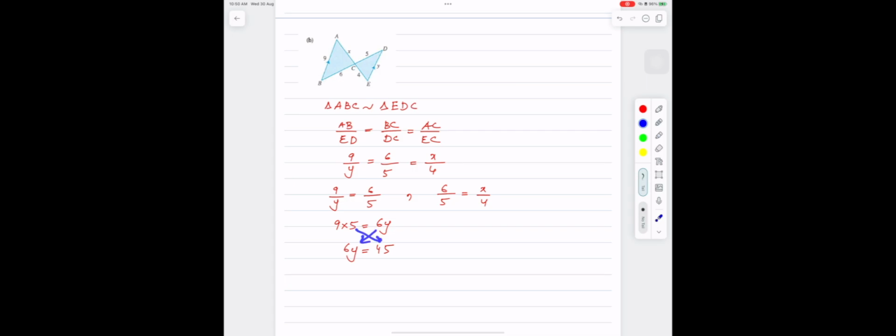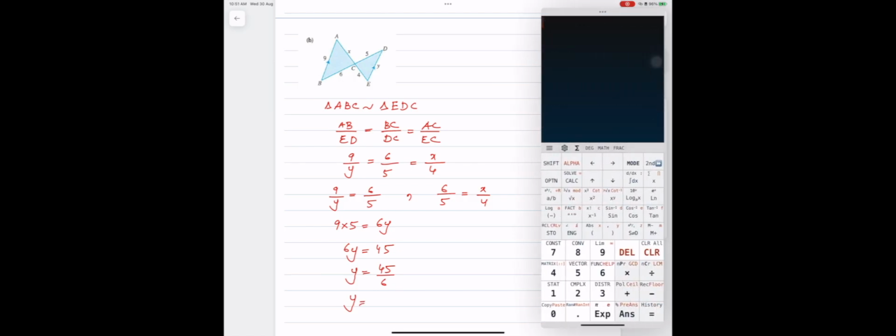Now if you divide both sides by 6, you can get the value of y, which is 45 over 6. You can use your calculator, and that is 7.5.